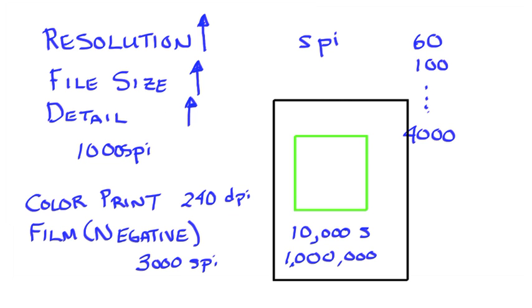All right, let's take a look at another one. Let's take a look at bit depth. You can think of bit depth as the number of colors that the system can represent.